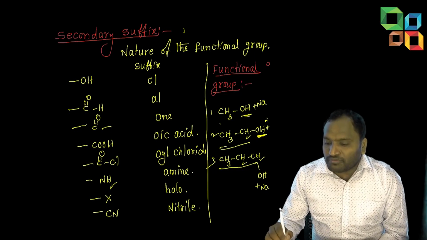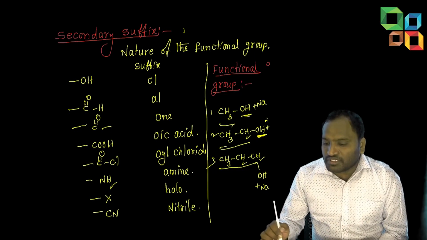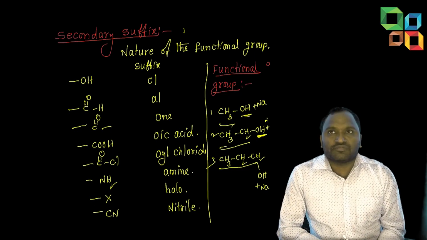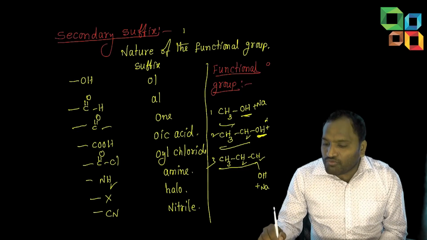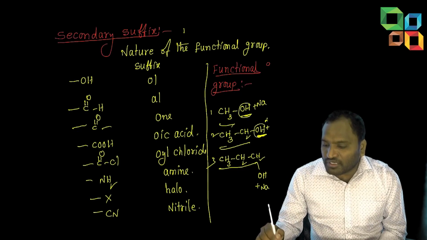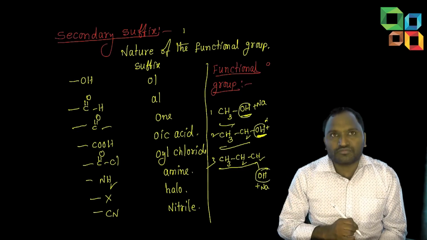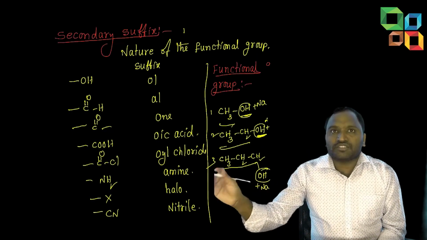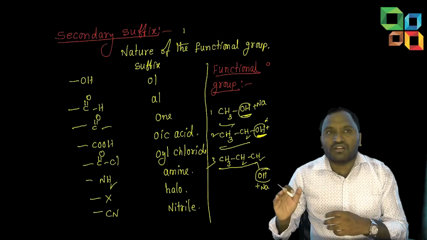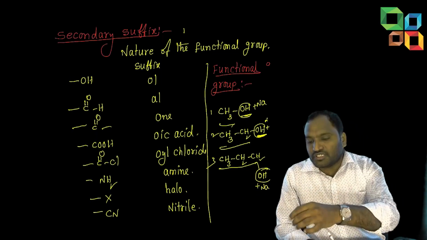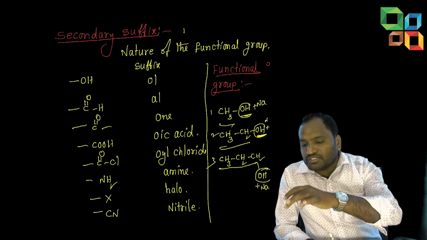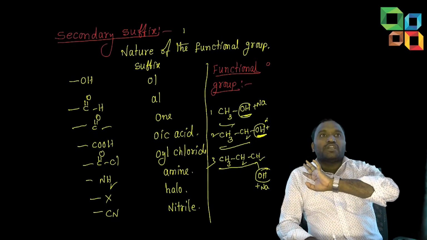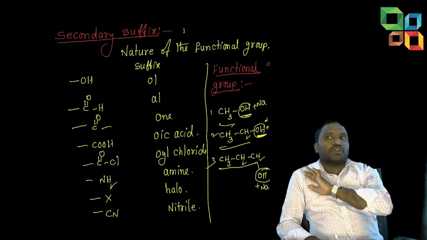Here only OH is involved in the chemical reaction. OH is deciding the direction of the reaction, not the number of carbon atoms. First case only one carbon, second case 2 carbon atoms, third case 3 carbon atoms.